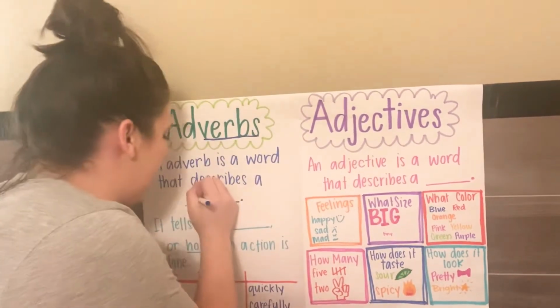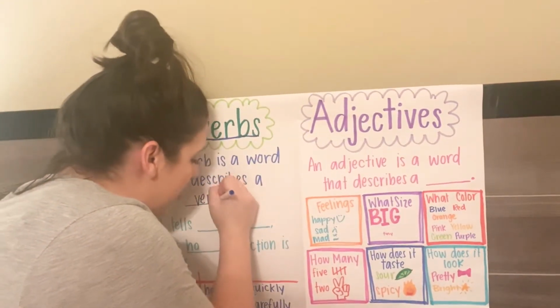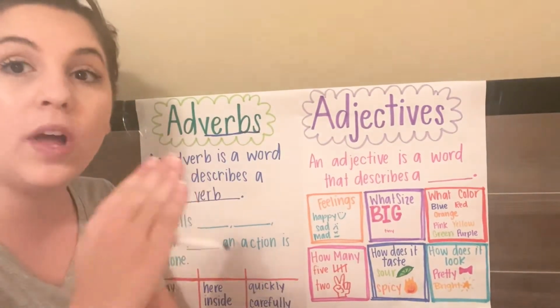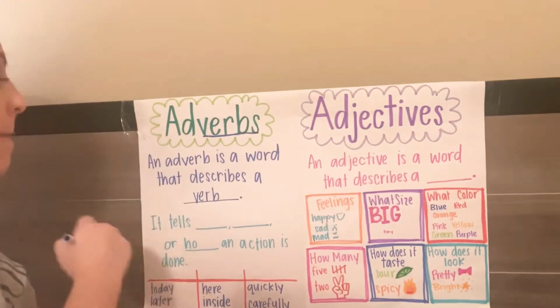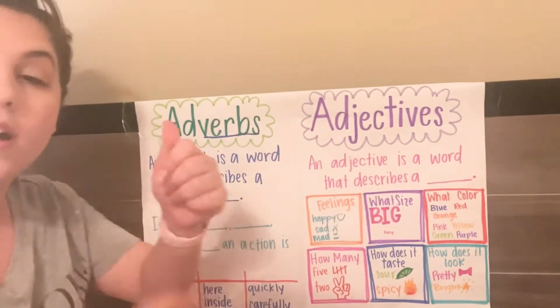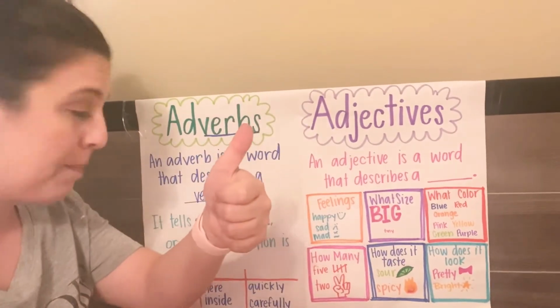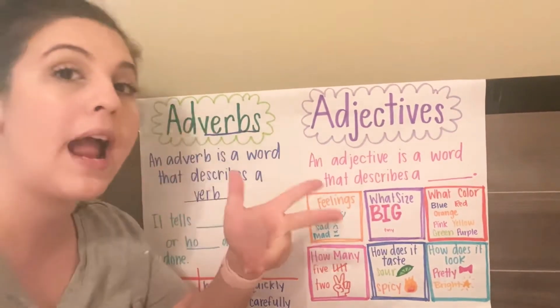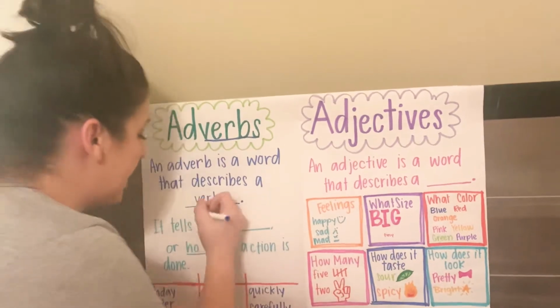A verb, right? An adverb is a word that describes a verb. And what adverbs do, they describe verbs by telling you when something happened, where something happened, or how something happened.